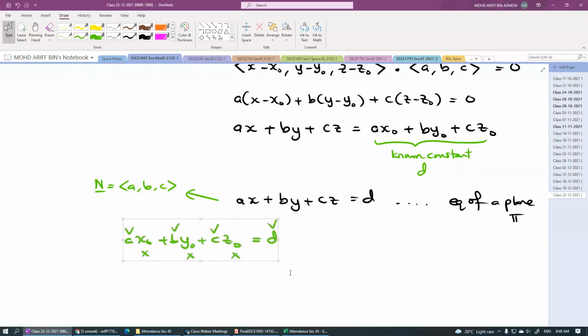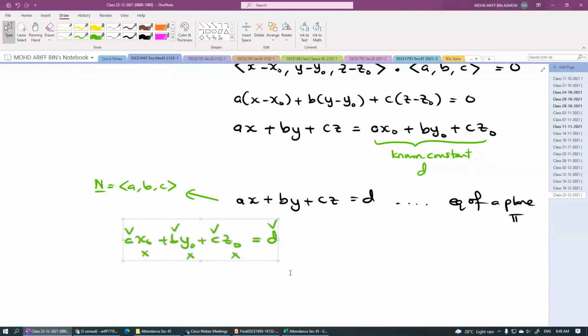Except you have another alternative technique. For example, you assume x naught, y naught are 0 and 0, then you can get what your z naught is. But that is based on trial and error. Or maybe you assume x naught is 1, z naught is 0, so you can get the y naught value.